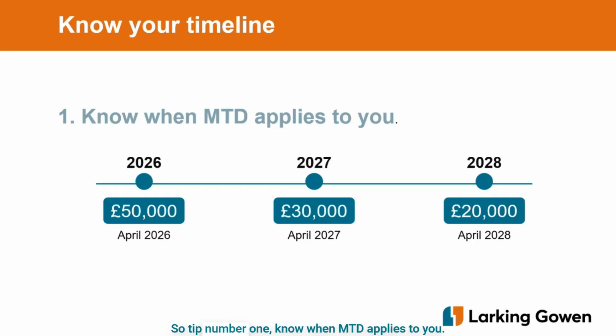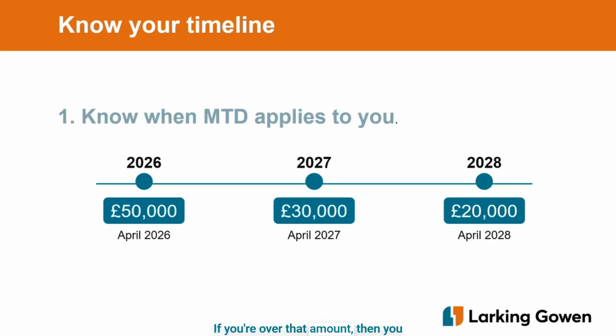So tip number 1, know when MTD applies to you. We've been through this on a previous slide, but £50,000 and above, and that is self-employment income and rental property income based on your 24-25 tax return.